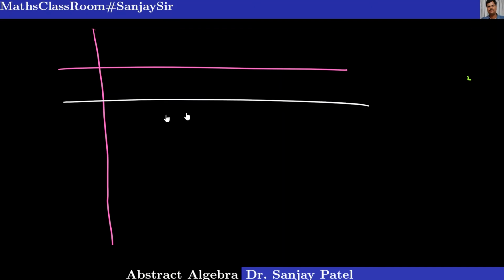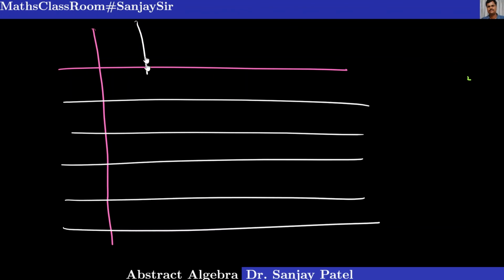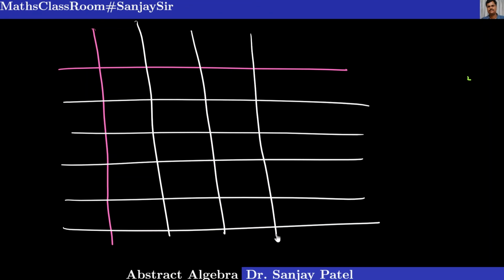So 1, 2, 3, 4 and 5. 1, 2, 3, 4 and this is 5. Okay.